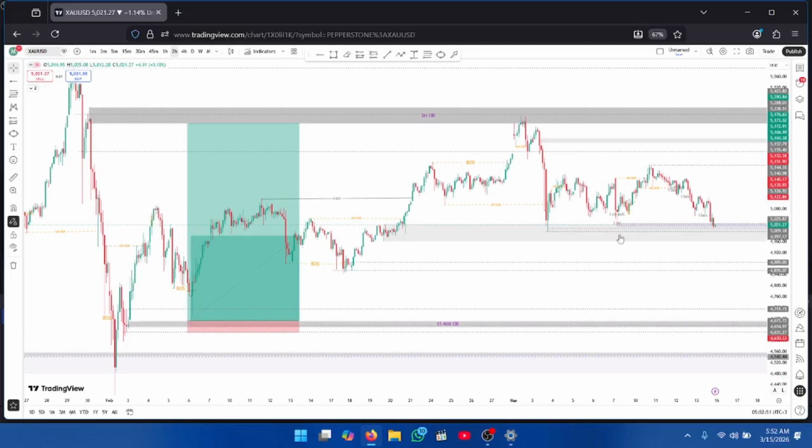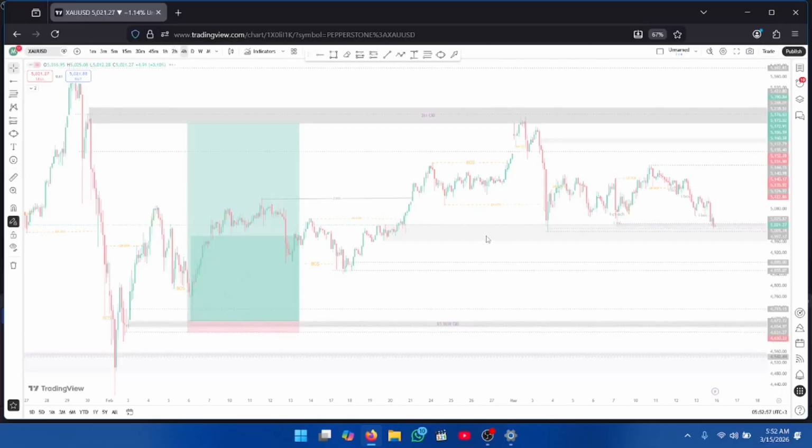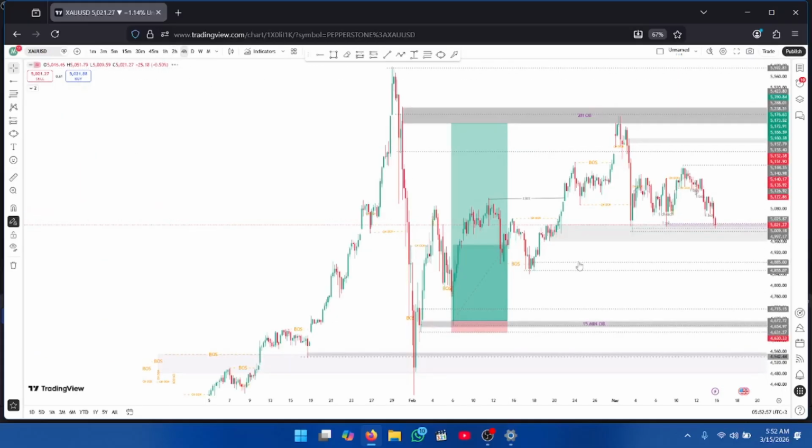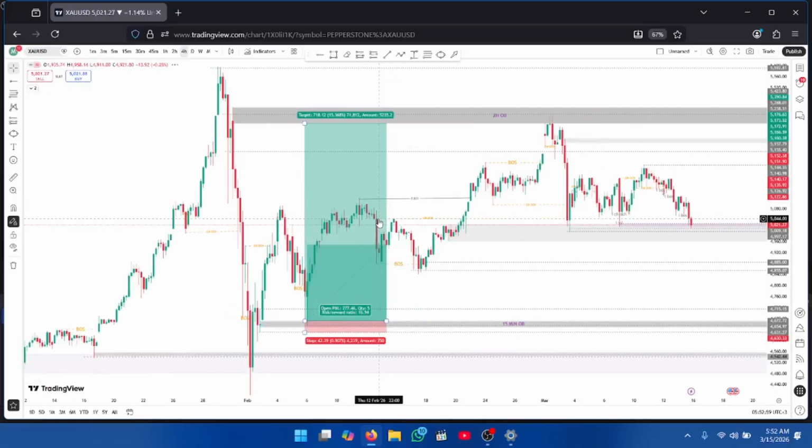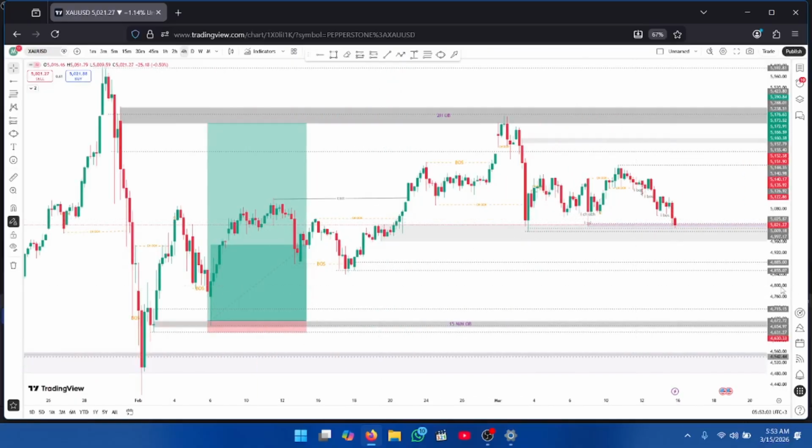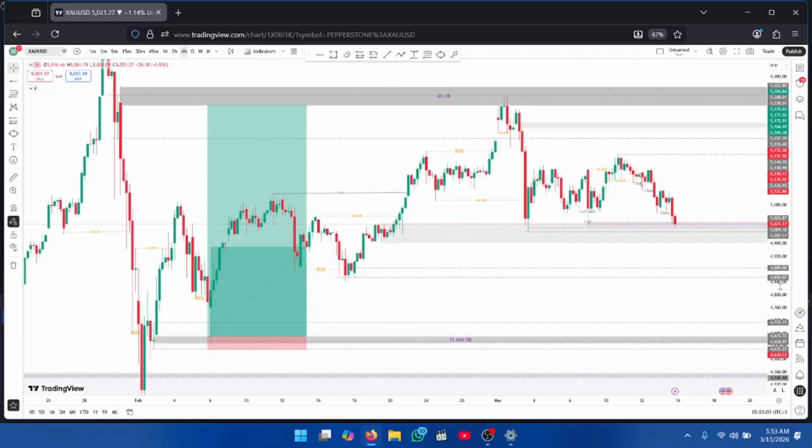So what is our next trade, guys? Having explained our first trade, how we actually got into that trade, I'm going to give a recap of what we are expecting gold to do for us next week.